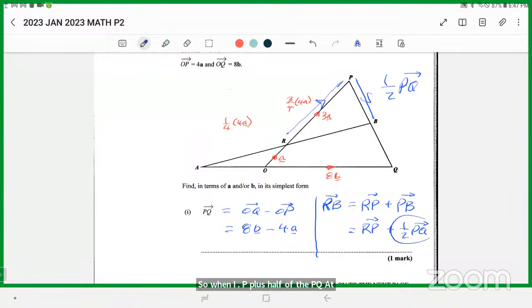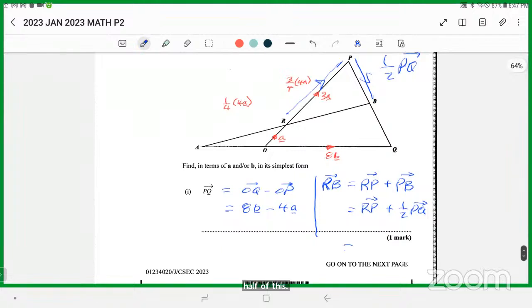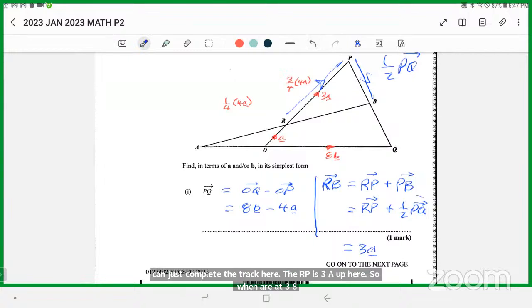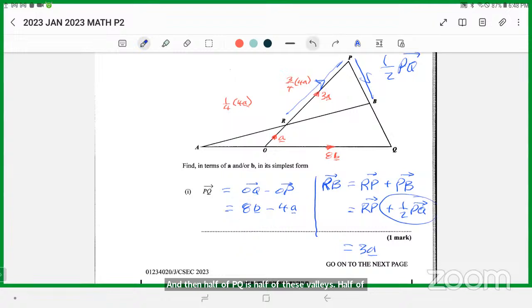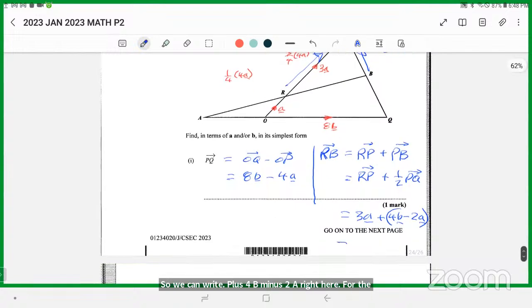And half of PQ is half of this. So we can just complete it right here. The RP is 3A up here, so I'm going to write 3A. And then half of PQ is half of these values. Half of this is just 4B minus 2A. So we write plus 4B minus 2A for the half of PQ, and then cancel the values.